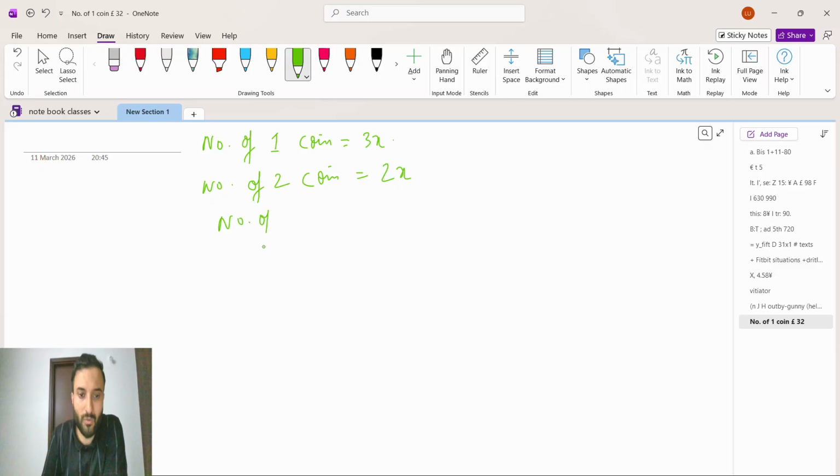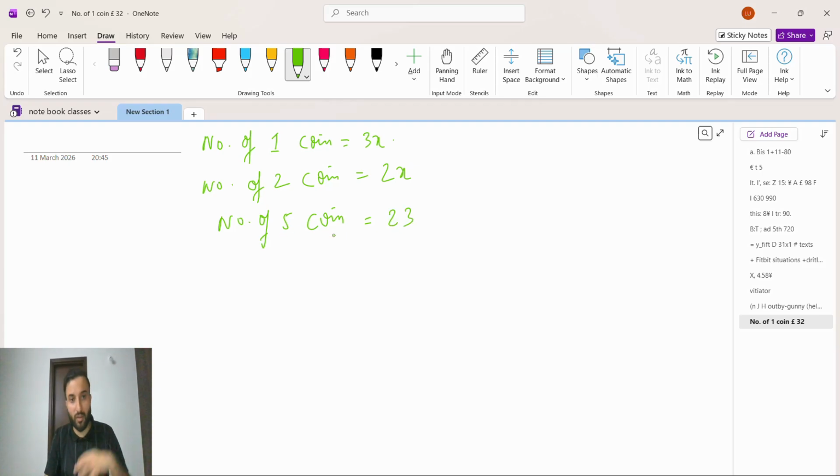See, number of 5 rupee coins means we have a total number of coins, and from that we remove the 1 rupee coins and 2 rupee coins. The remaining is 5 rupee coins, right? A bag having 1 rupee, 2 rupee, 5 rupee coins, that total number is 23.